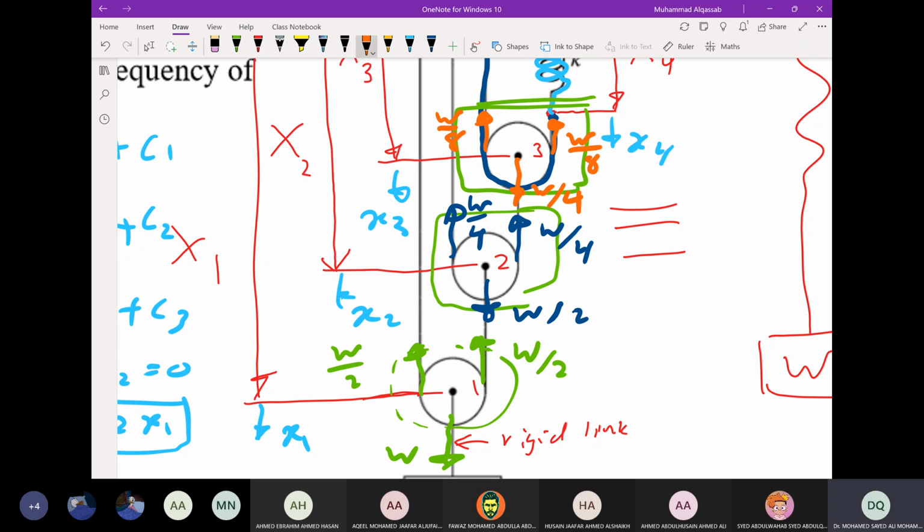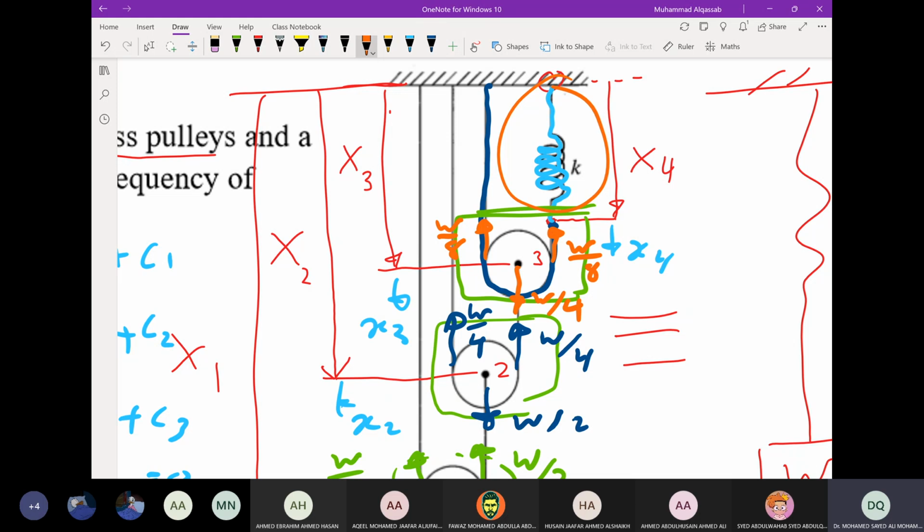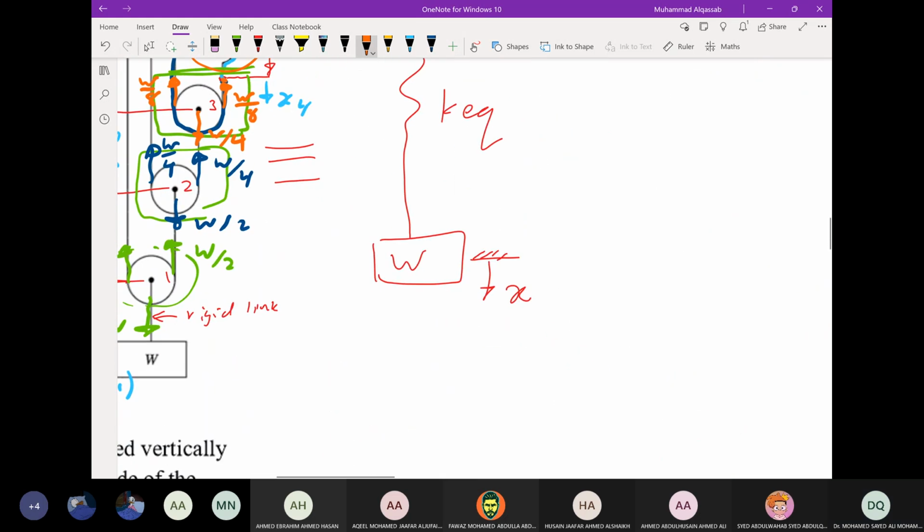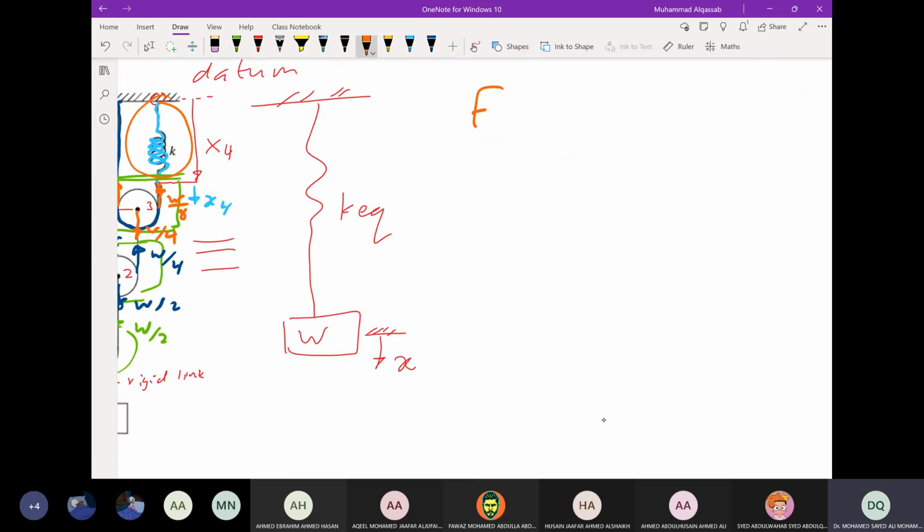Then what is this? The spring force from Hooke's law. This is the equilibrium point, or the connection between the cord and the spring. Then the force in the spring is also equal to W over 8. The force in the spring from Hooke's law is k times x4, the change in length, not the capital X, the small x, equal to W over 8.